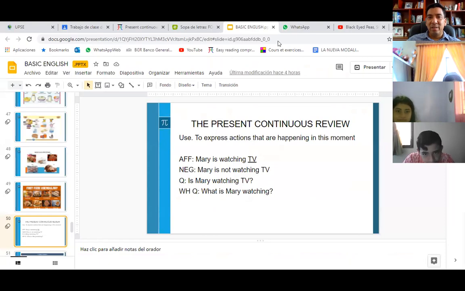You ready to practice? ¿Listos para practicar, chicos? Okay, so here on the chat, I am sending you the link to practice vocabulary related to food.